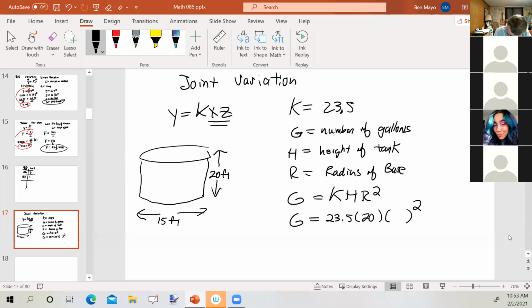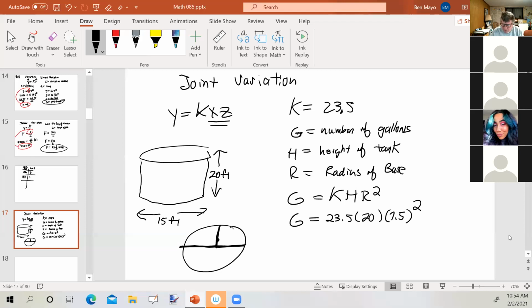Which one is it? Okay, tell you what, here's a circle. What do you call the distance all the way across the circle? Diameter. What do you call from the center to the edge? Radius. So it would be 15 halves or 7.5. So the radius is half the diameter, or the diameter is twice the radius.